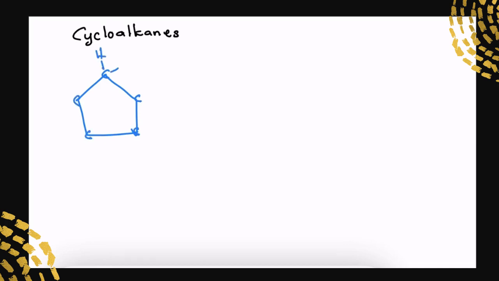Right. So now we go to cycloalkane. Cyclo means cyclic. The first one that contains 5 carbon is a pentagon. If you can see, each carbon is bonded to another 2 hydrogen.